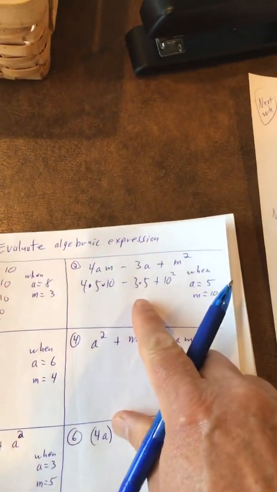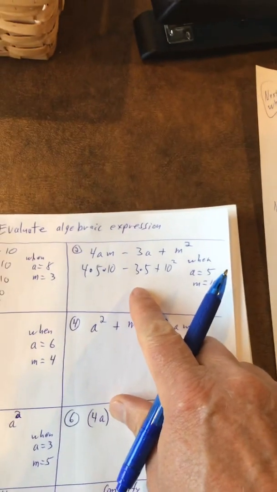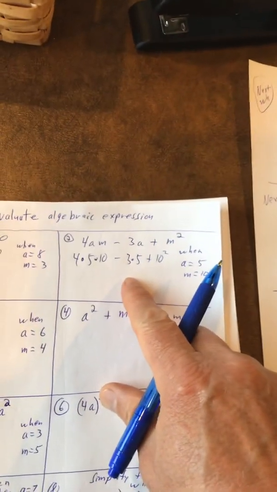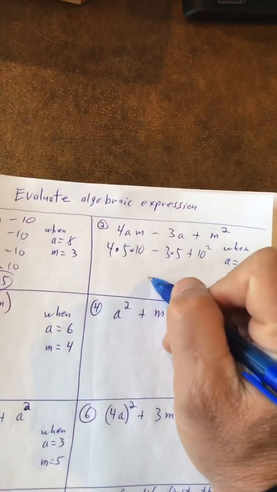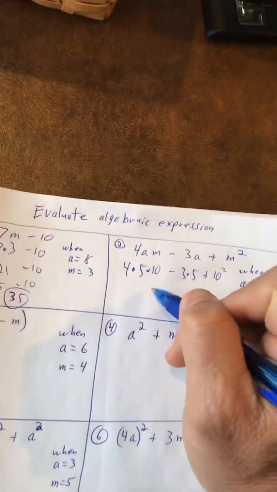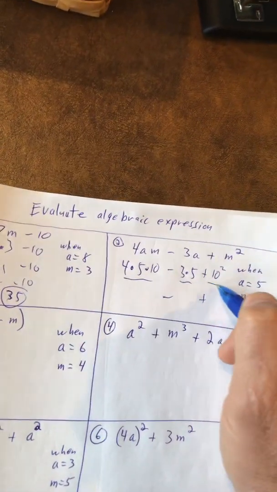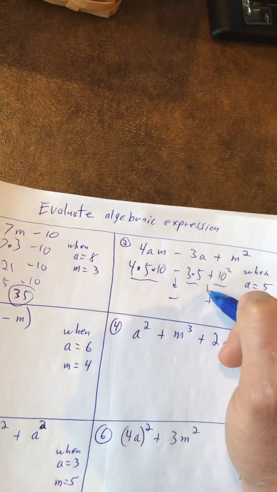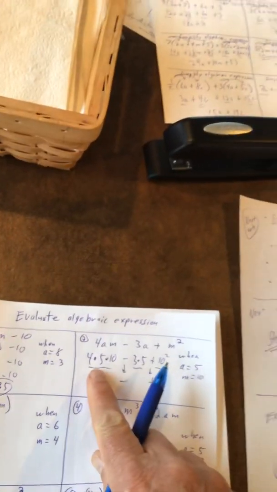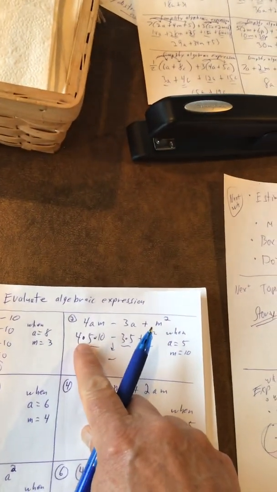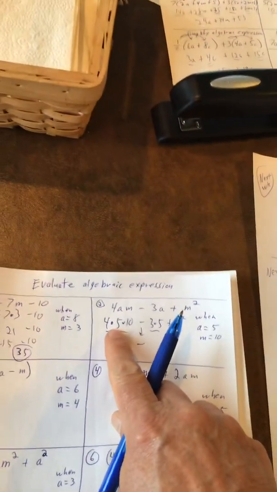So if you remember from order of operations, I'm going to bring down my minus and my plus. I'm going to get this answer, get this answer, get this answer. You can multiply left to right here, or in any order.